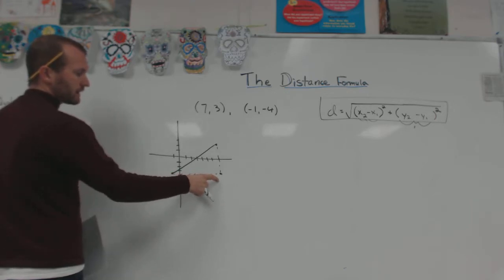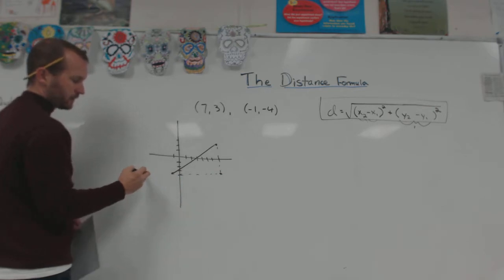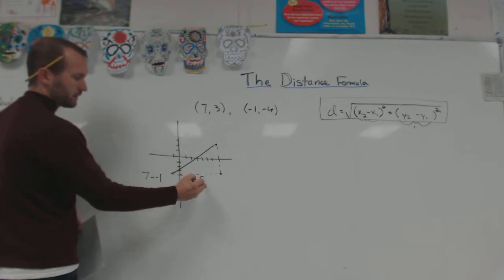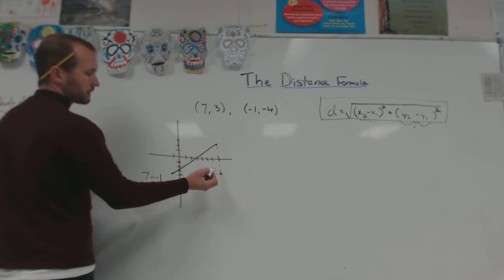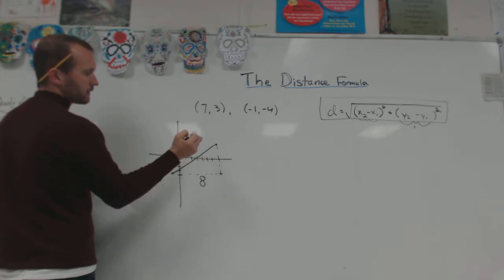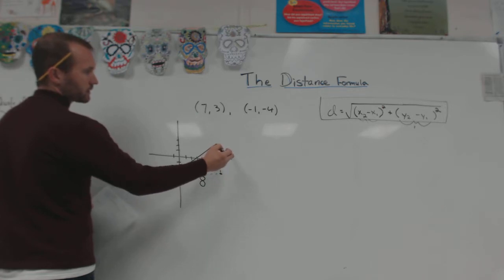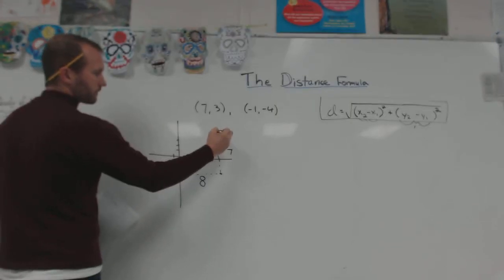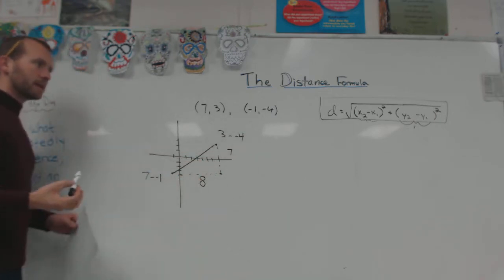So the change in x is 7 minus negative 1, which is 8. And the change in y is, from here to here, 3 minus negative 4, which is 7. So the length of this side is 7, the length of this side is 8.